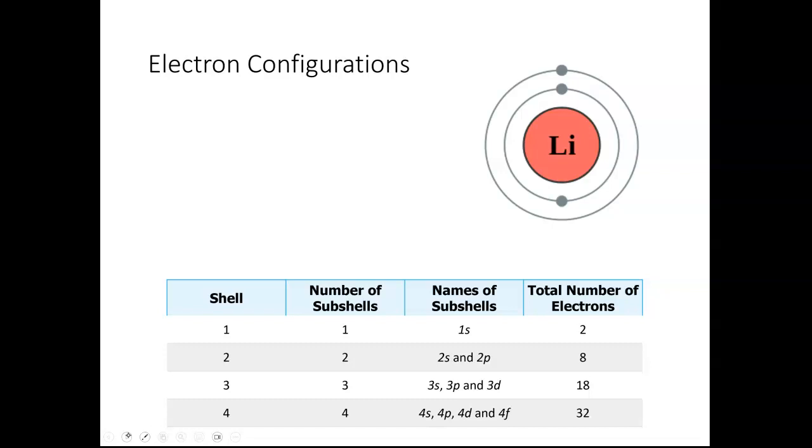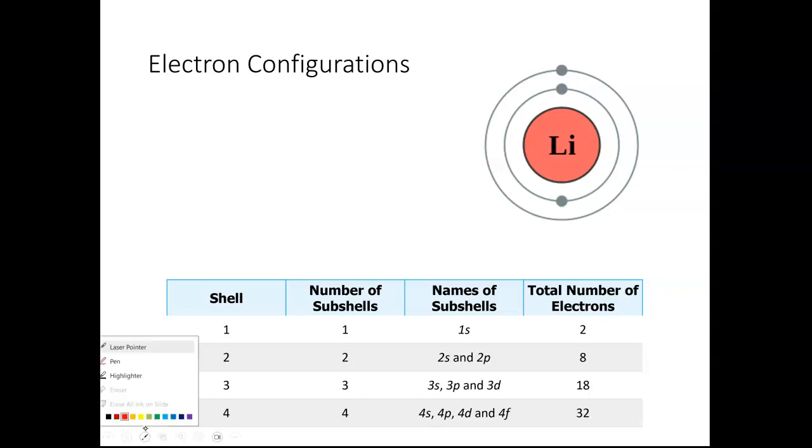So let's talk a little bit about electron configurations. This is like writing out the address for the electrons in an atom. Here we have a lithium atom. In the first shell, there's only one subshell, and the name of that subshell is 1s, and it has 2 electrons.